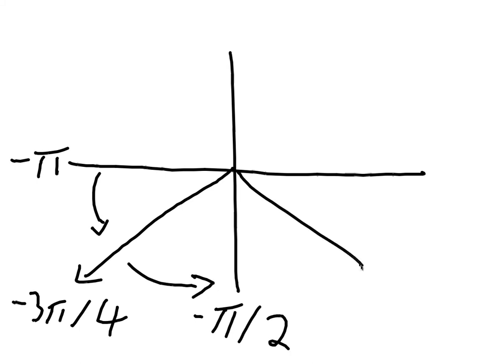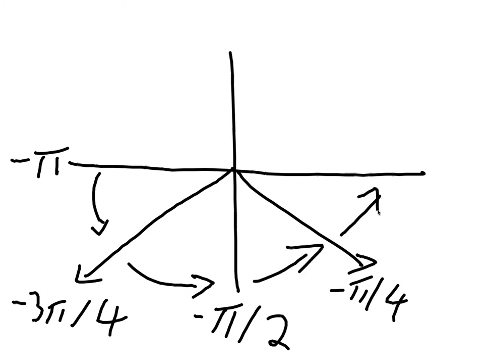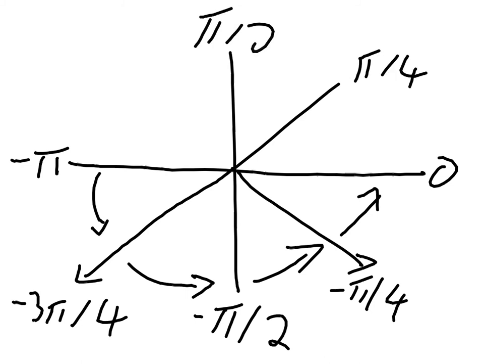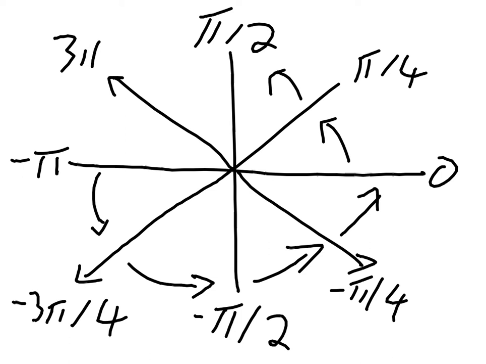And then the next one is negative pi over 4, moving 45 degrees that way. Then we get to 0. Then we start to get to positive angles, pi over 4, pi over 2. Again, we're moving 45 degrees every time. And then we have 3 pi over 4. And then finally, you get back to the same angle, actually, right? Or the same cycle, and you get to pi, which is the same as negative pi.